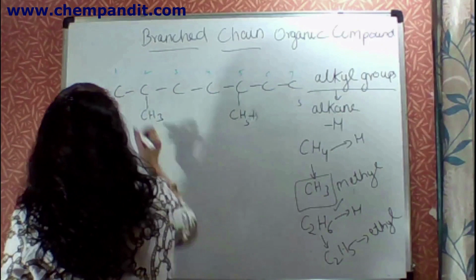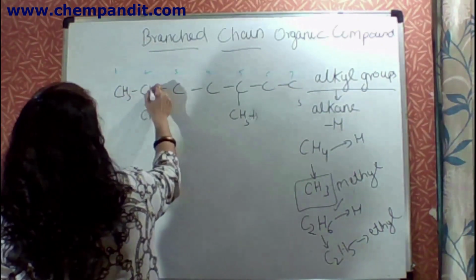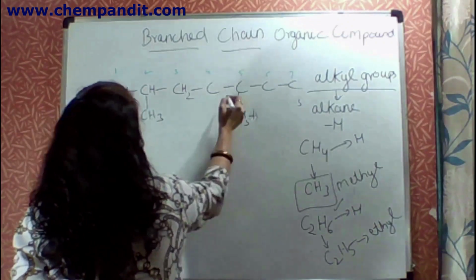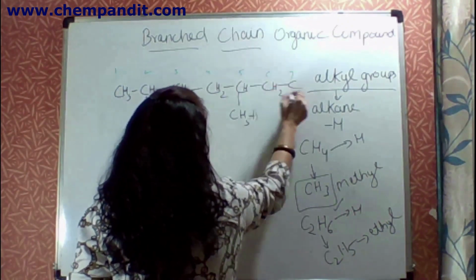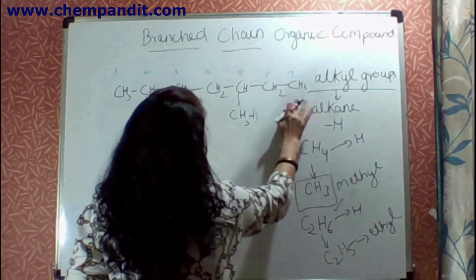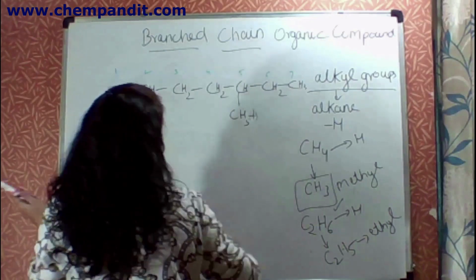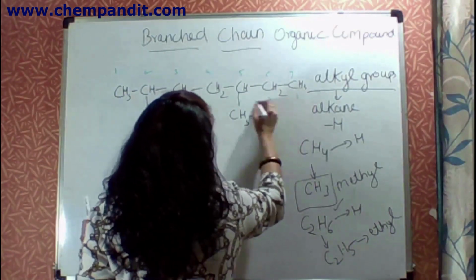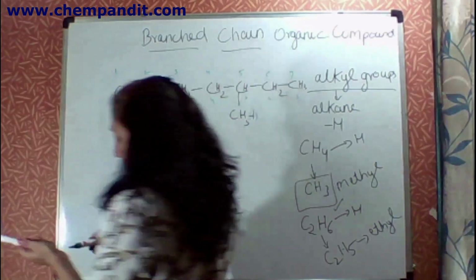You already know the valencies are to be satisfied with hydrogen: CH3, CH, CH2, CH2, CH, CH2 and CH3, right? Let's number it from right to left, 1, 2, 3, 4, 5, 6, 7.